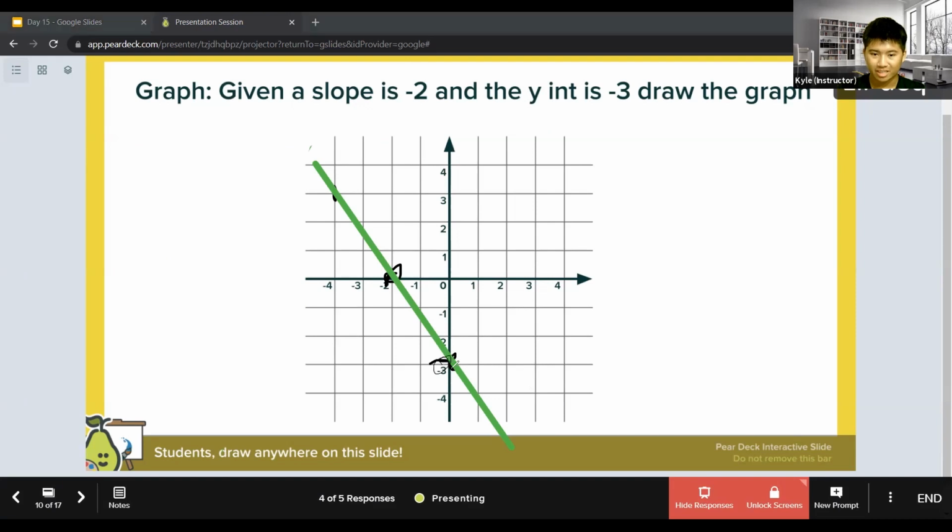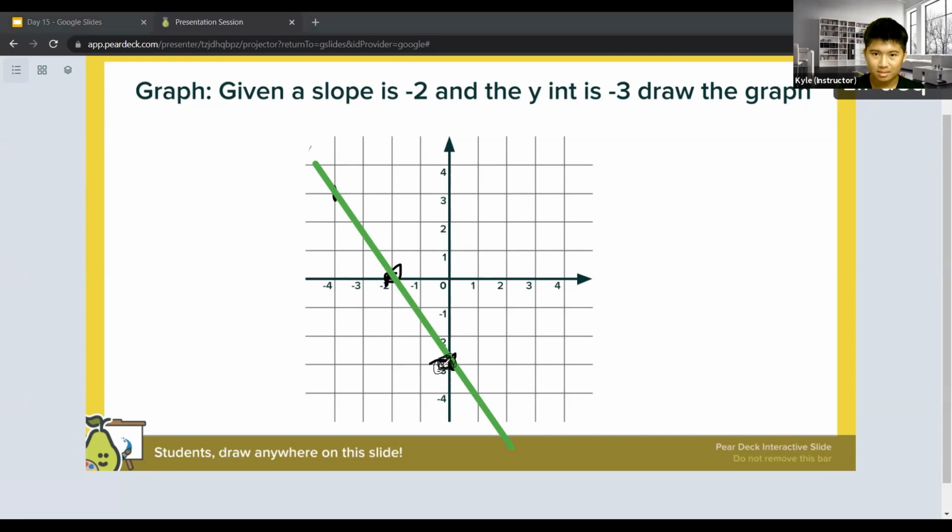So again, they started on -3, which is basically the y-intercept. They knew that the line's going to cross there, so you can put a point there immediately. Now we have a slope of -2. This means that it's going to go downwards. So for every x that increases by 1, our y is going to decrease by 2.